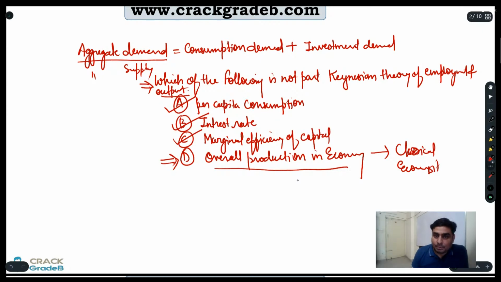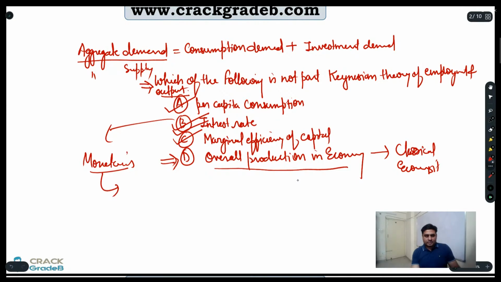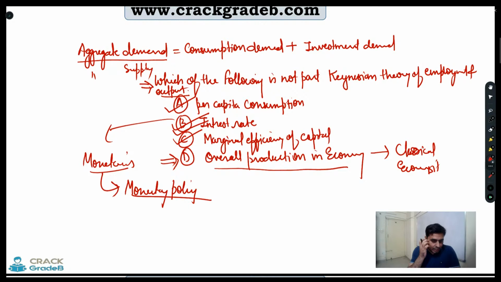Some people who feel very clever may click on interest rate because they feel that interest rate is basically emphasized by monetarists. So monetarists, when they emphasize interest rate, are emphasizing it for the purpose of monetary policy, right? So the answer will be D. Answer will be D. Okay.